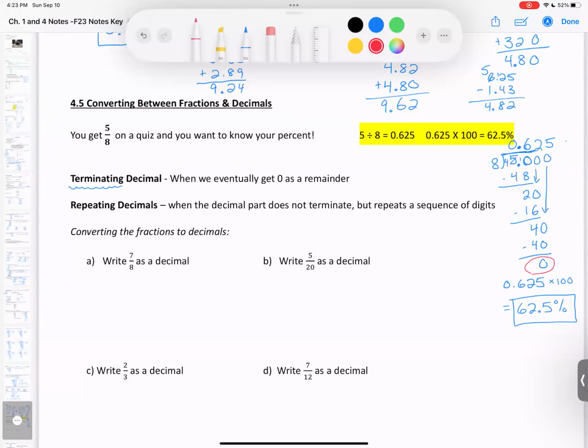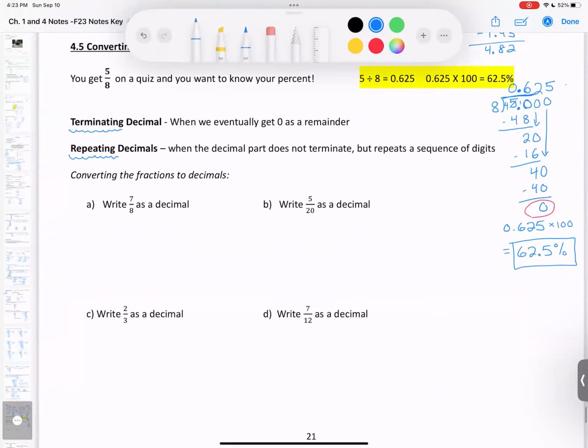In other words, our 625 thousandths is the full answer. The other thing you can have is a repeating decimal. And this is where you're never going to get to the very end of your decimal answer. So you might end up with an answer of 0.3333, where the 3 just goes on forever. So that would be a repeating decimal.